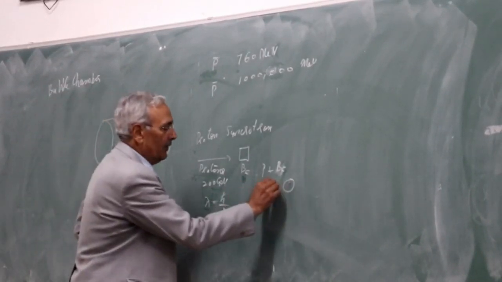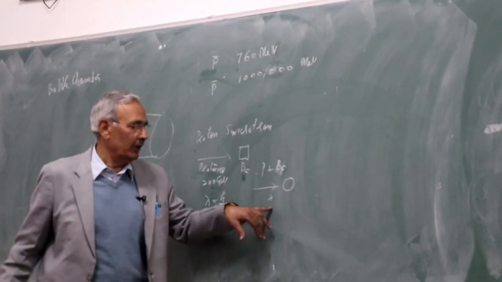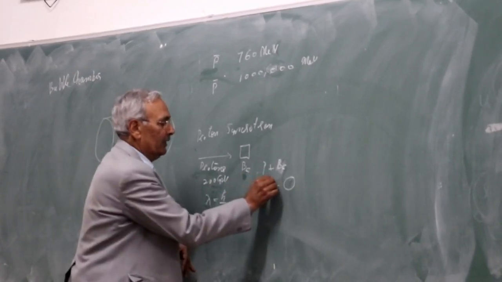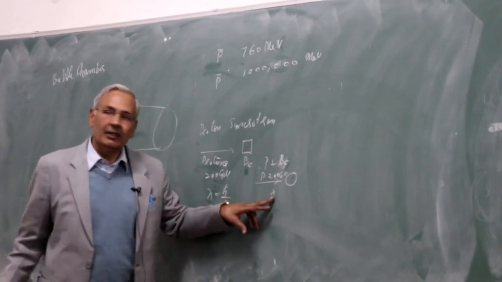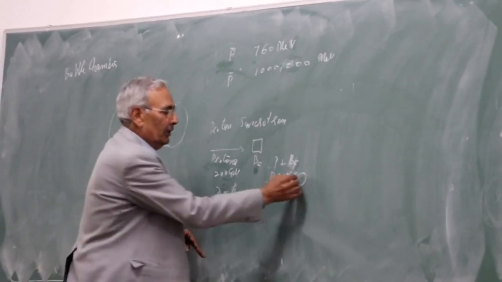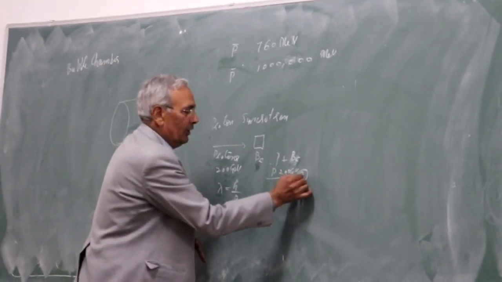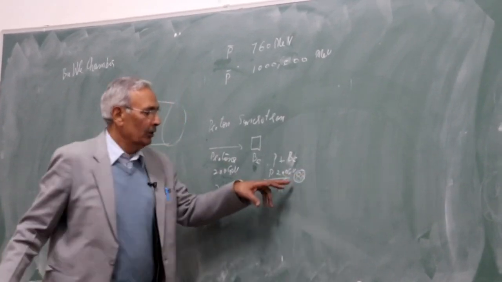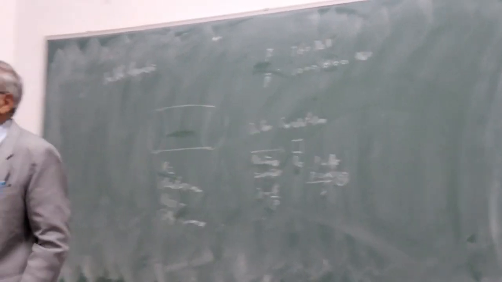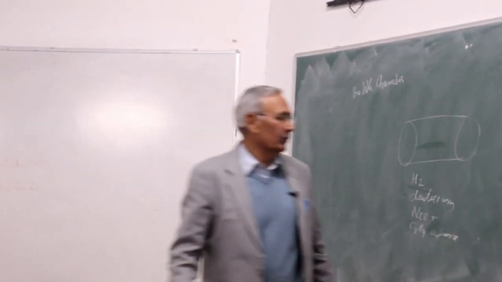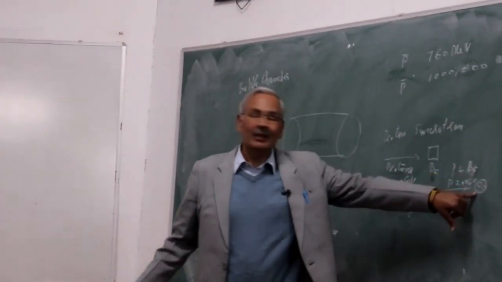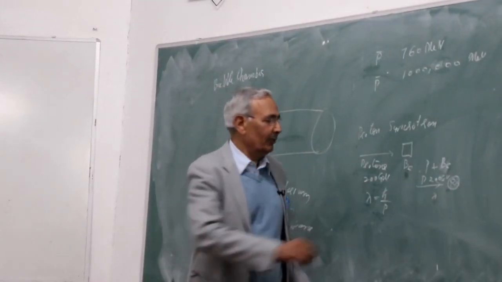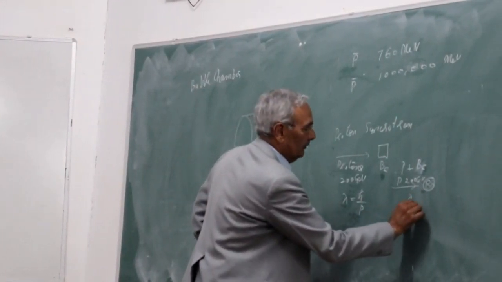This proton is coming with a momentum of 200 GeV. Okay? The wavelength is very small. So that means it will observe individual nucleons. So it would be almost like an interaction with individual nucleons. So rather than an interaction between a proton and a nucleus, you will have an interaction between proton and proton.